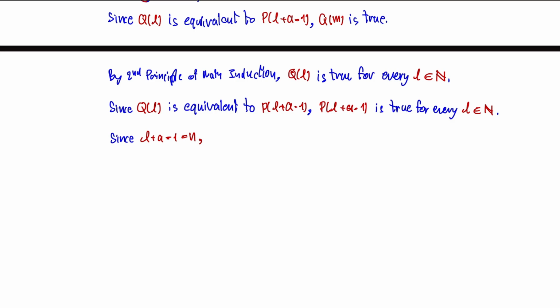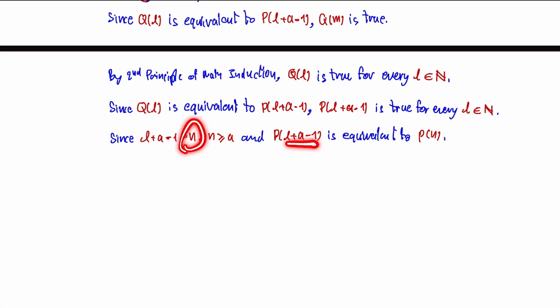So n is going to be greater than or equal to a, and P of L plus a minus 1 must be equivalent to P of n, because this guy right here is n.